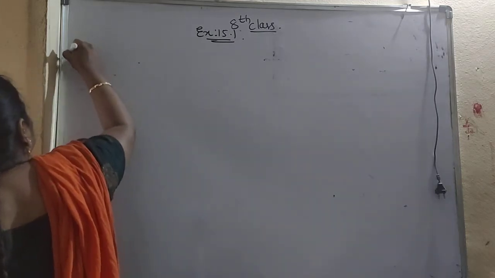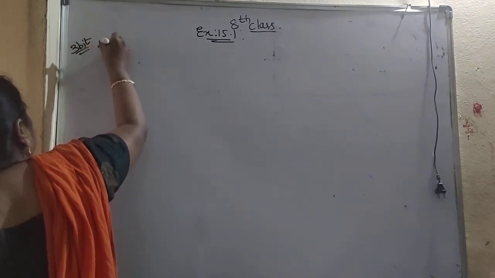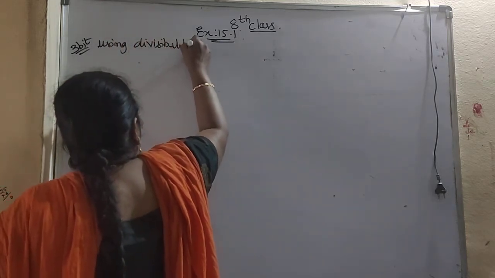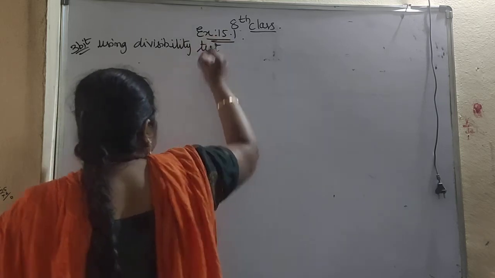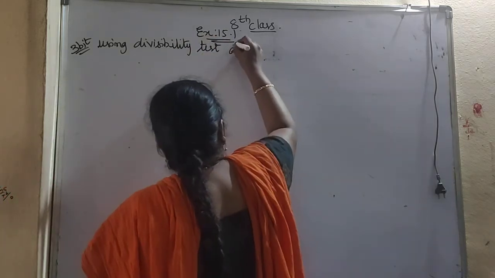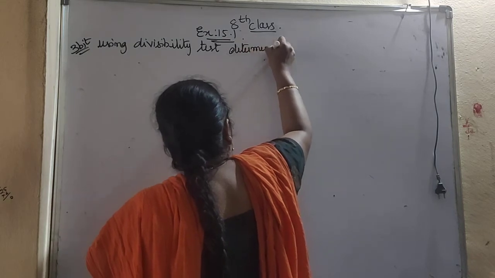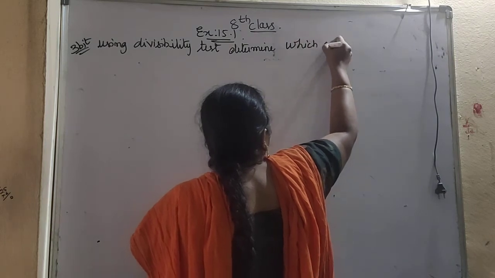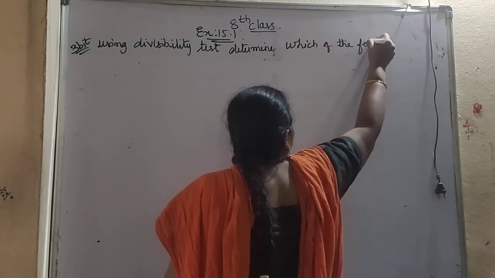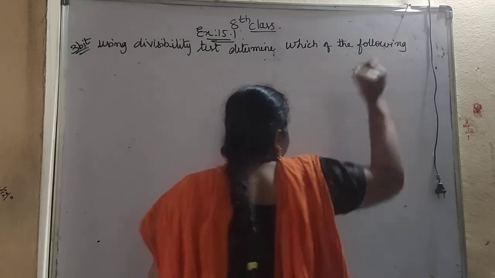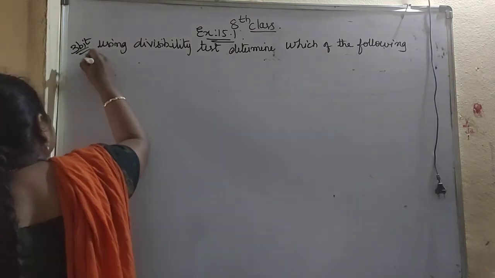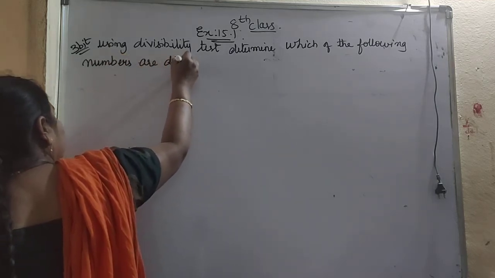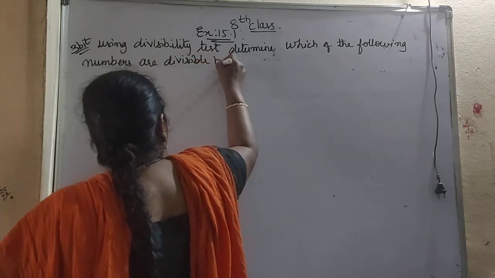Next is third bit. Using divisibility test, determine which of the following numbers are divisible by 5.